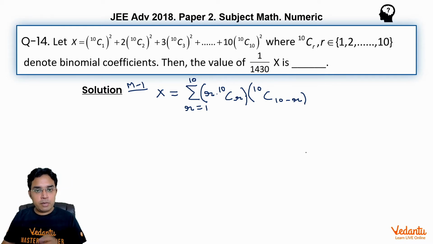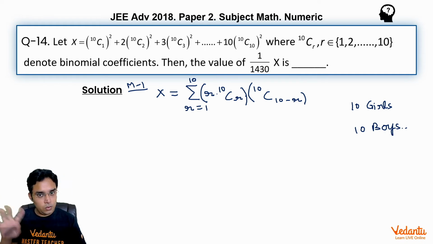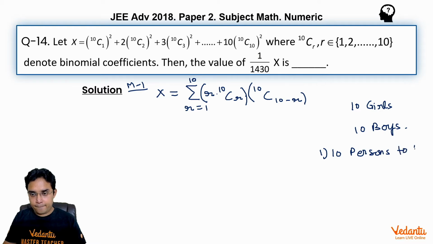Now to solve this question by PNC, I am assuming that we need to select 10 persons from 10 girls and 10 boys, so that at least one girl is to be selected, and those selected girls, we will make one girl as a captain of the whole selection. Let me write what I said. Number 1, 10 persons to be selected. 2, at least one girl to be selected.